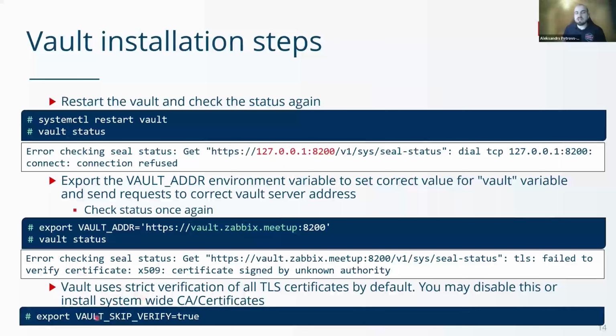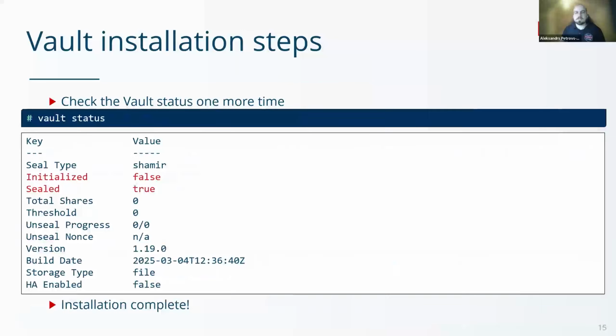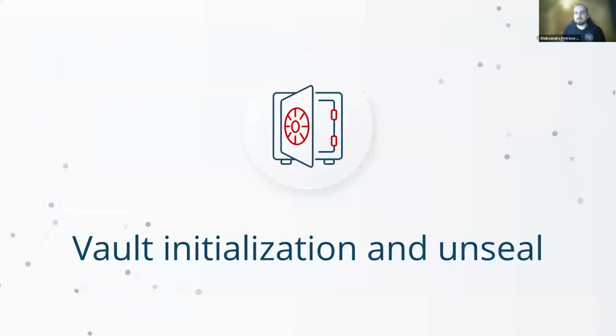It will not verify the certificates and will only use the self-signed ones, which is okay for the Vault configuration itself, but not exactly okay for Zabbix. That's why it's a better approach to install them and make them trusted. This step is also covered further in the slides. And we are checking the Vault status again. And finally, we have a Vault status. We can see it's not initialized and it's very much sealed, but the installation is complete.